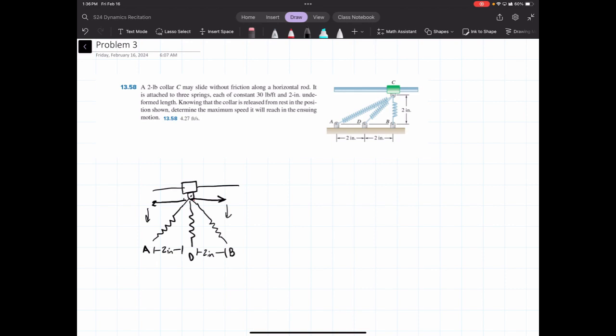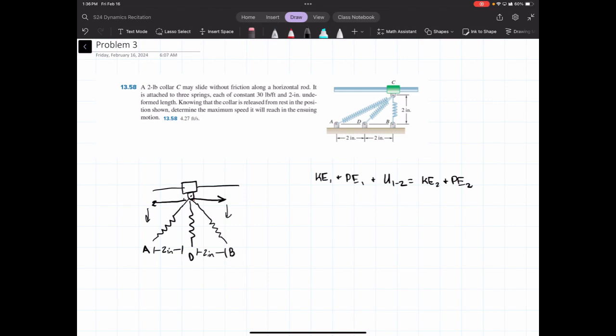So the conservation of energy states that the sum of the kinetic energy, the potential energy, and the losses from 1 to 2 is going to equal the sum of the kinetic energy and the potential energy at point 2.